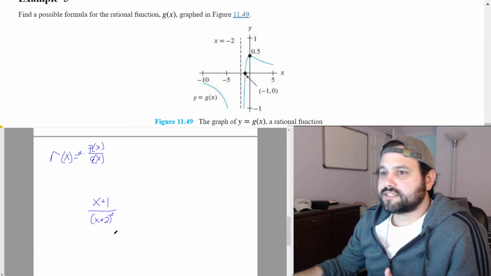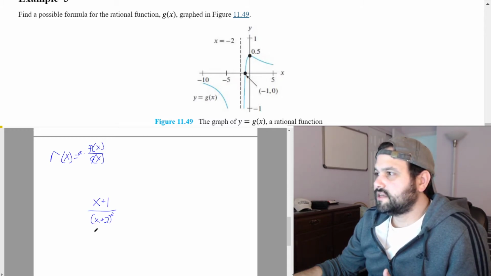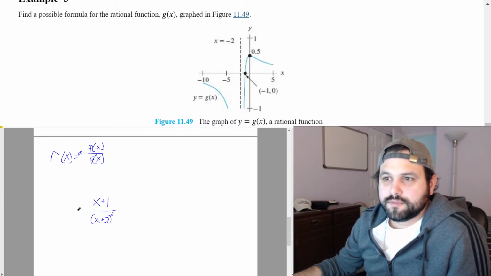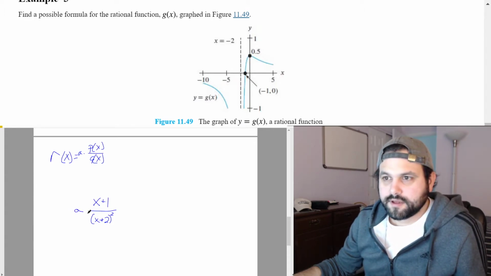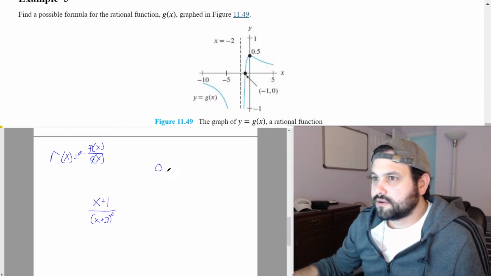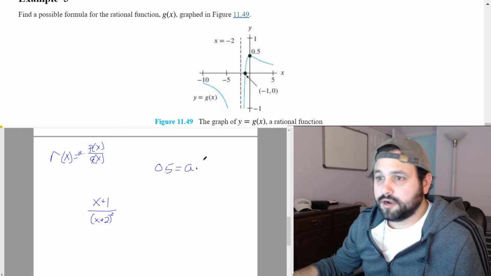Okay. Now the next piece of information I have here is the y-intercept of 0.5. I don't know what this a value is, but I know that 0.5 is what I get when I plug 0 in for the x's.